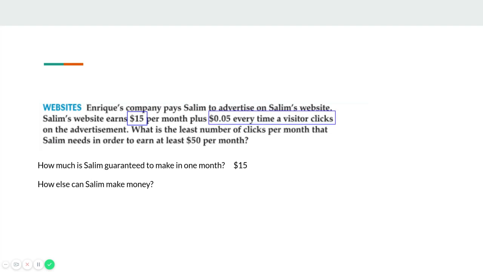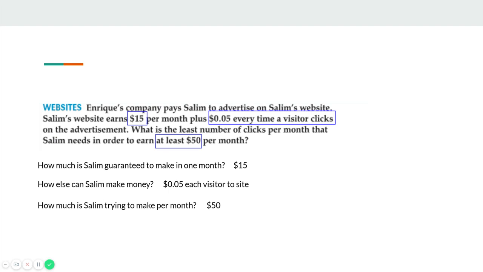Well, the other way is if somebody clicks on the advertisement, and every time somebody clicks on it, he gets an extra 5 cents. So 5 cents each time a visitor comes to the site. The last question you would ask yourself, how much is Salem trying to make per month? And if you look in the last sentence, it says he's trying to earn at least $50. At least $50. So if he can make more, that would be awesome.